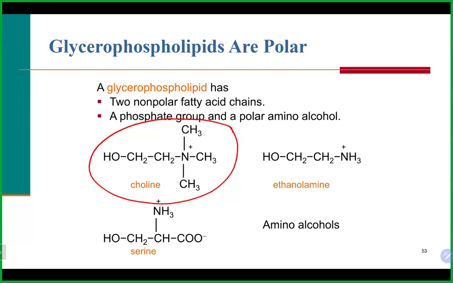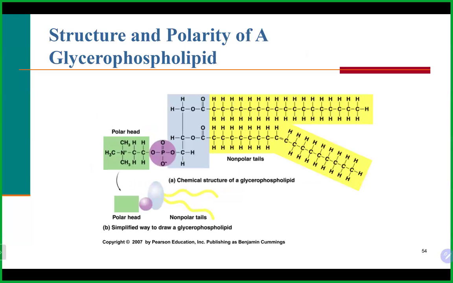The polar part is where the amino alcohol is, the non-polar part being where the fatty acid part of this phospholipid is, which is what we see here. So our fatty acid part here is the non-polar tail, and the polar head is our amino alcohol.